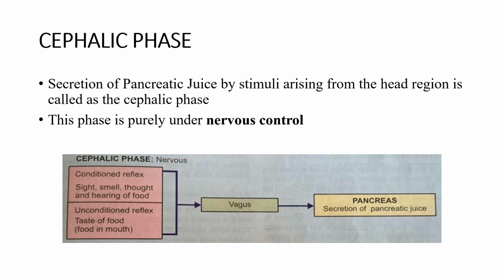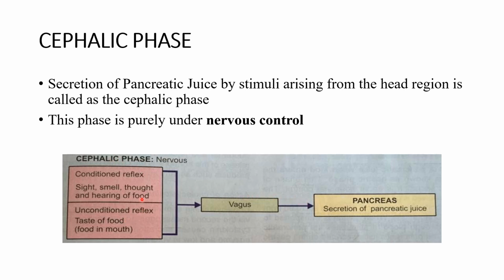The efferent impulses from the cerebral cortex and from the mouth reach the dorsal nucleus of the vagus, and stimulation of efferents in the vagus nerve supplying the exocrine part of the pancreas enhances the secretion from both acinar as well as ductal cells.